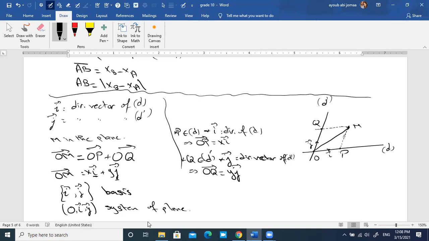Is what we are saying clear? Is that clear? Basis of a plane, system of a plane.